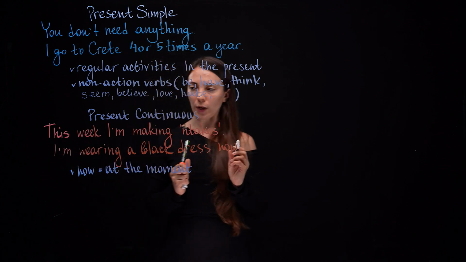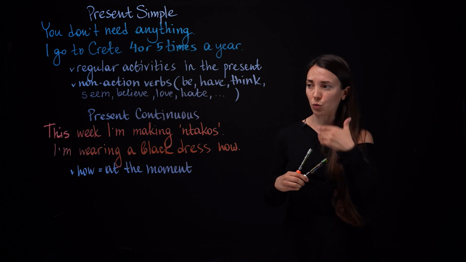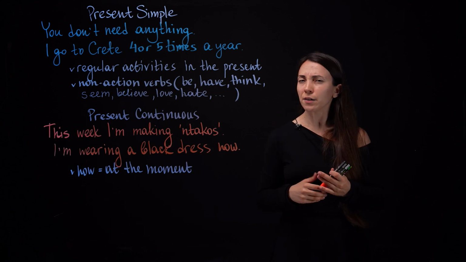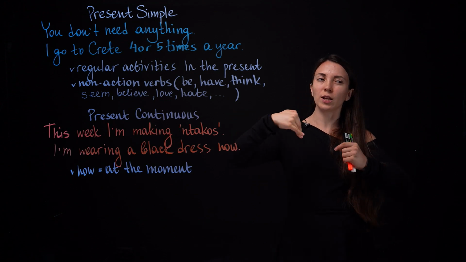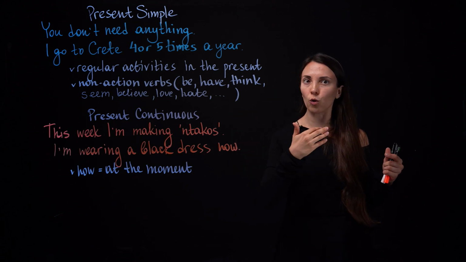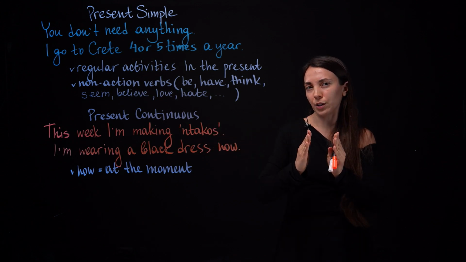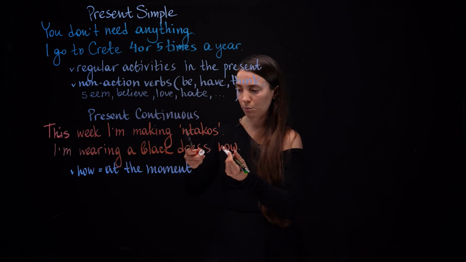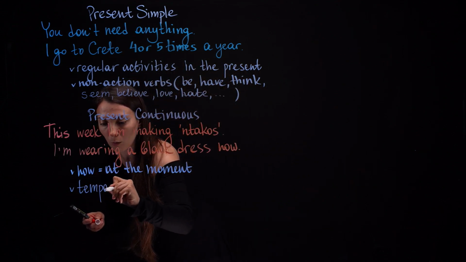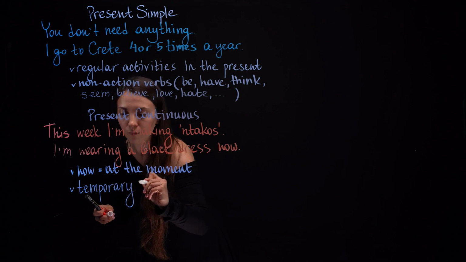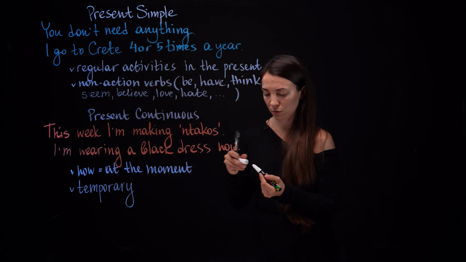Here we have this week. Okay, does it mean that next week she's going to cook tacos? Not really. It is only this week. So is this action permanent, like forever, always happens, or temporary? Yes, this action is temporary. Temporary, it means not forever, but for a short period of time.